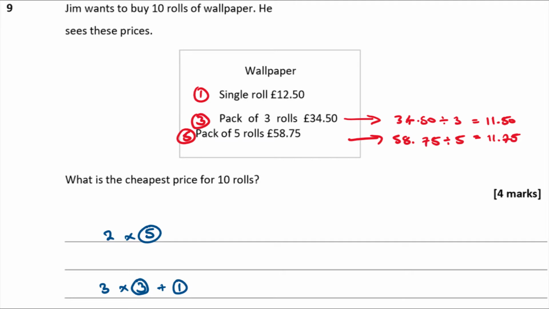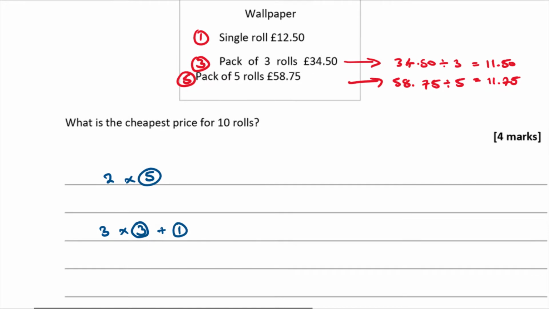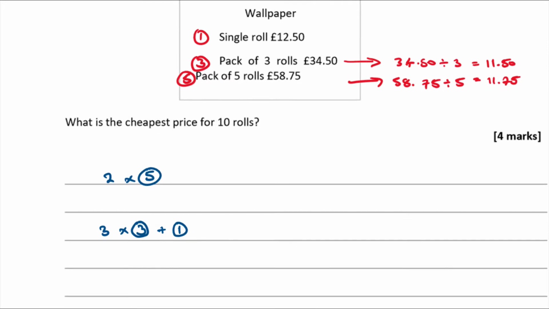That's a possibility as well. Are there any other possibilities? I suppose we could have a 5-pack, a 3-pack and 2 singles, but I don't think that is going to be any cheaper, and I don't think all the single rolls are going to be any cheaper. I think these are the 2 we need to double check and find out what they are.